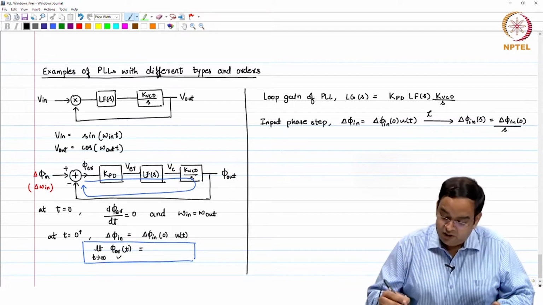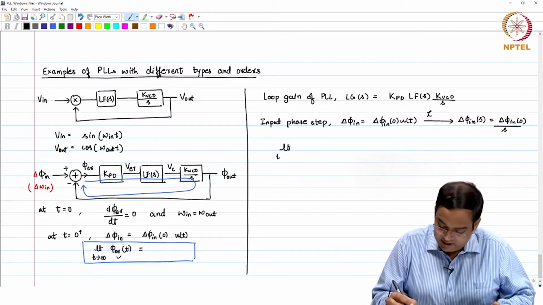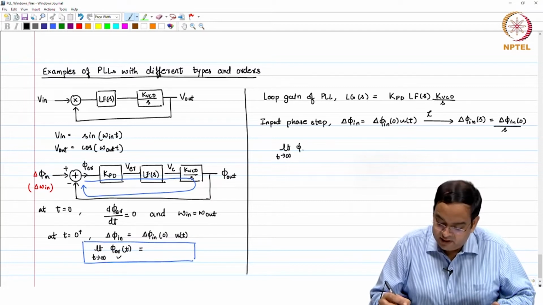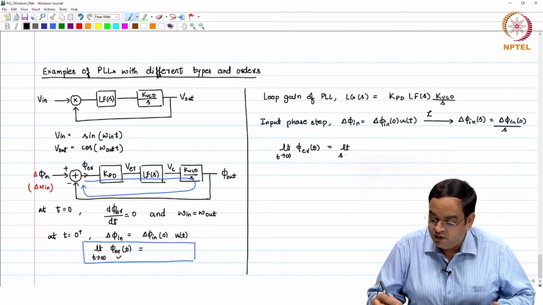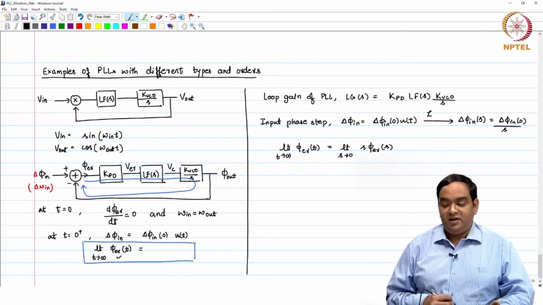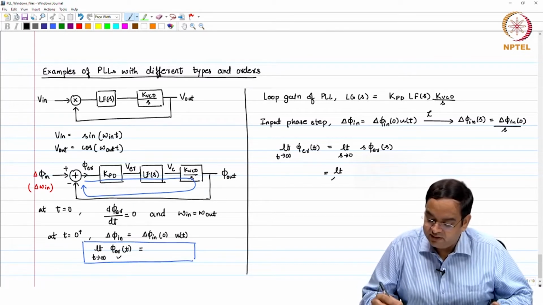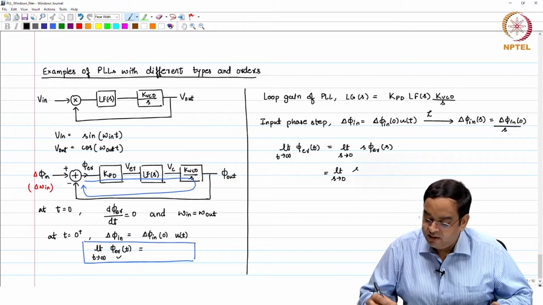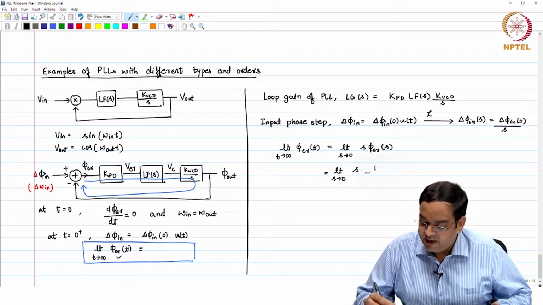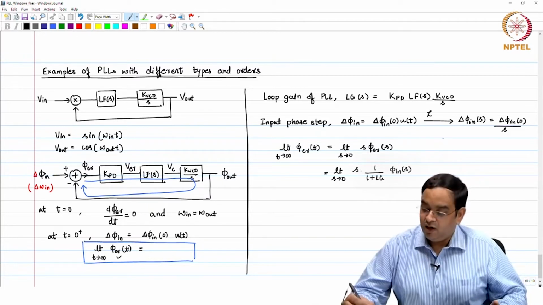For this particular case, our error at infinity is equal to the limit S tends to 0 of S times phase error of S. In the previous session, we also found what this phase error of S is. It is S times 1 by 1 plus loop gain times phi in of S. How?